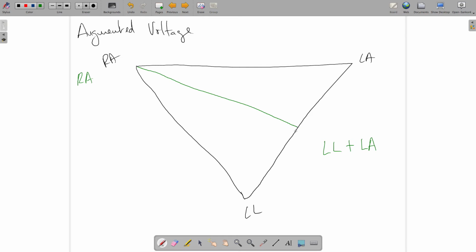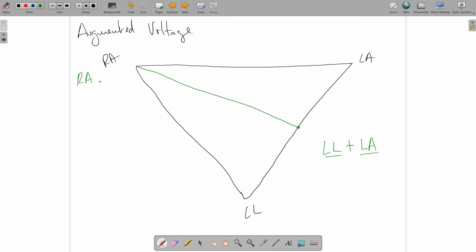And this point right here is established by the machine by taking the left leg's information and adding it to the left arm's information. And you'll see that you end up bisecting this data here, so you end up at this data point. You could also do left leg minus left arm. It doesn't matter because this thing's going to ultimately look at absolute values, or it's going to assign a negative pole to something so that these things essentially subtract from one another so that you end up at the midpoint.